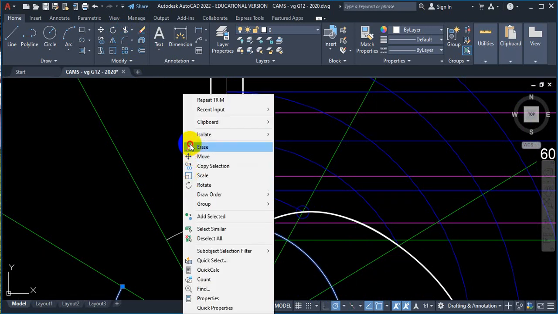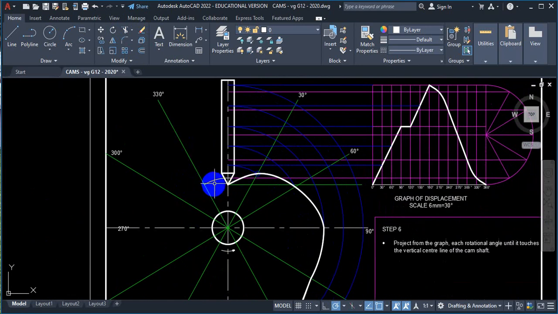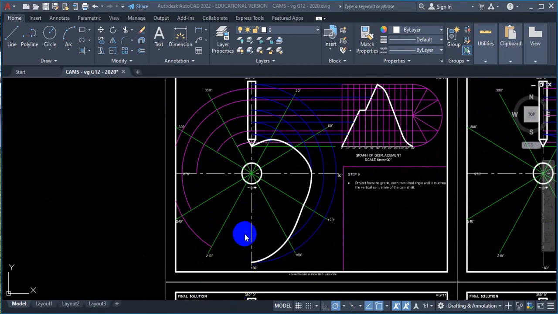The 330 stops here. I'm going to keep repeating the same thing until I have all the divisions where it's cutting. So there are all my divisions. First one 330, next one 300, next one 270, next one 240, next one 210, then it goes back to 180.